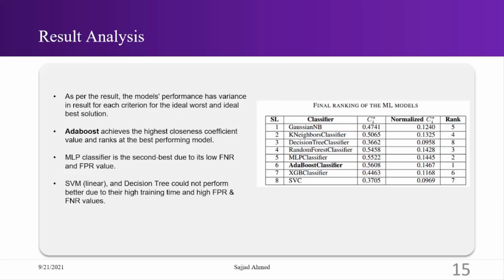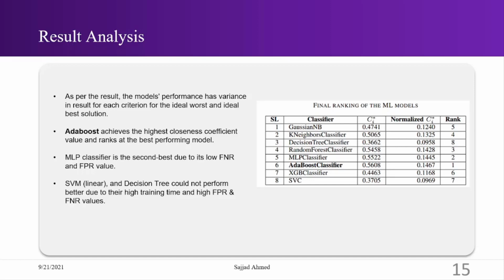Then we perform the TOPSIS analysis, and based on the TOPSIS ranking, we can see the AdaBoost classifier has ranked the best performing method, or the best method to classify the DR images in terms of the criterions that we have provided, and it satisfied the most criterions in the best possible way.